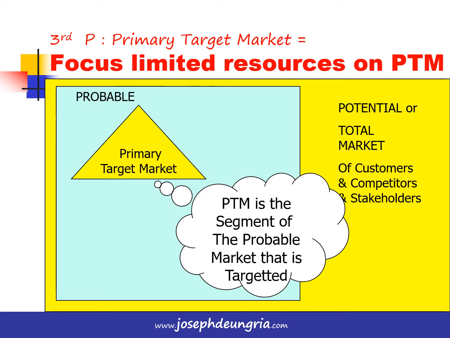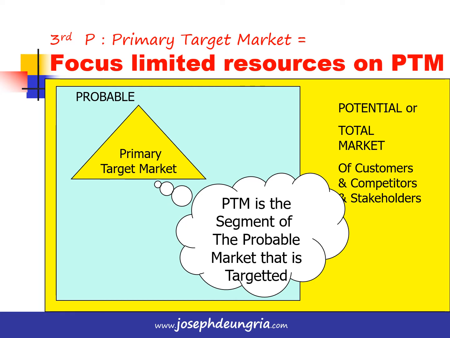Now, the third P is who is your primary target market? Again, visually, we will see that the primary target market is now so much smaller than your probable market. The probable is everybody who can actually buy, but the primary target market allows you to identify who you will target in that probable market.